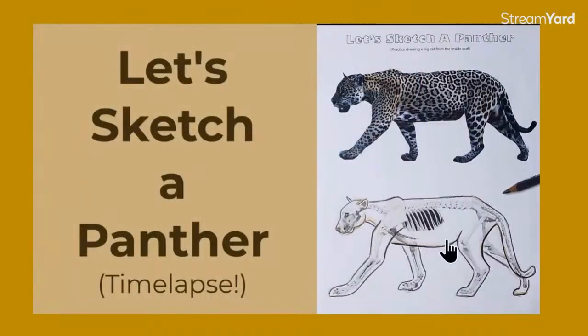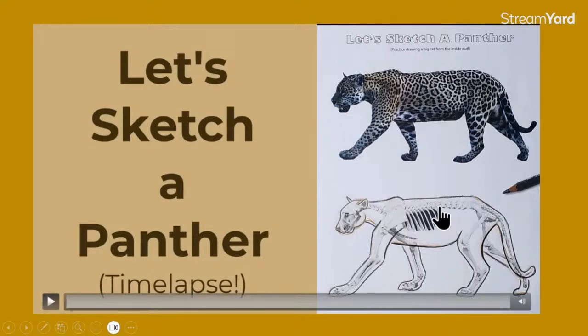In this quick version, this is a time lapse. I do have the full narrated, like 20-minute version of this inside my course, which I'll tell you about at the end. But I just want to show you how it really helps to look at a skeleton. So this is a handout I have inside my course, and there's a ghosted picture of a skeleton here.